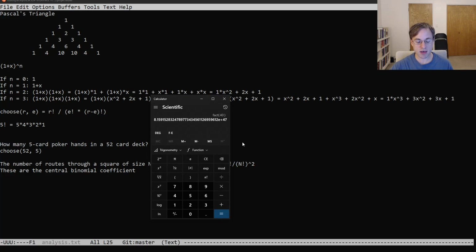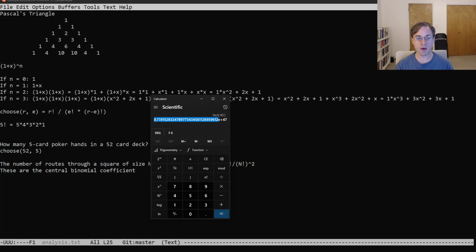But many calculators, both physical calculators and software implementations of calculators, will truncate this after some number of digits. Like this expression here, 8 point some decimal times 10 to the 47th, it might only retain this many significant figures, which would not be enough for our purposes.